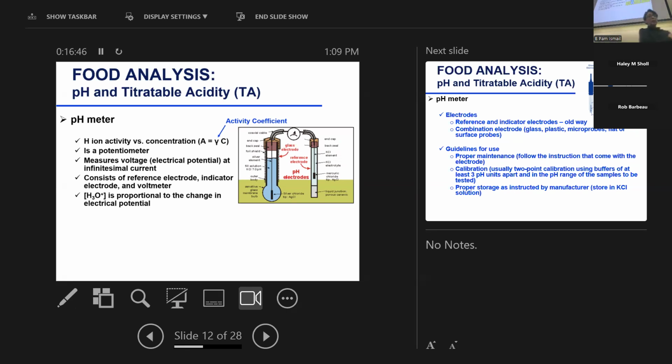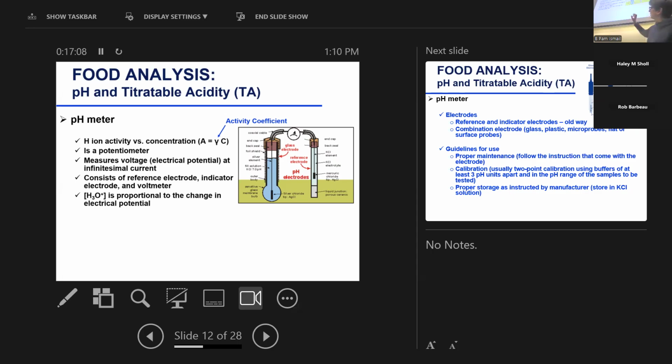But just quickly, I'm not going to expect you to know how a pH meter functions, but really just at a very high level. We measure the active hydrogen, the protons. So when you are measuring the pH, we are measuring the concentration of active protons.